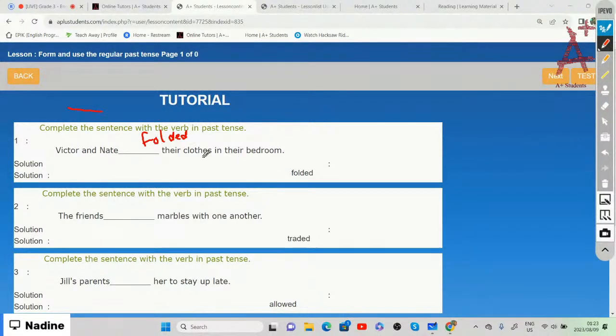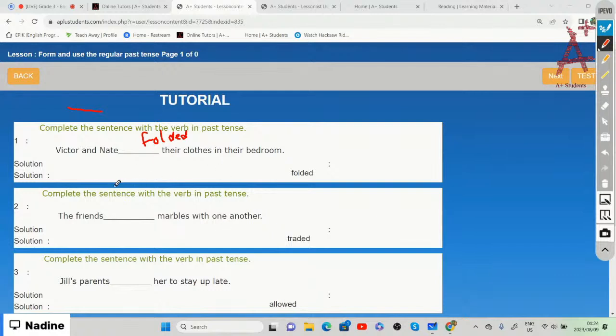So folded is our correct past tense verb within that sentence. So Victor and Nate folded their clothes in the bedroom.